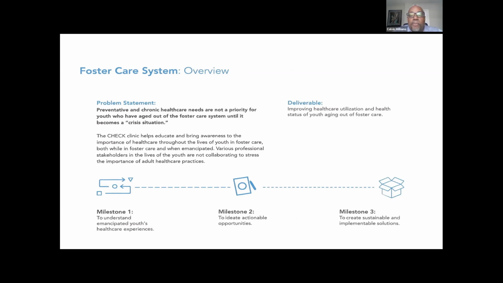And then you see in the upper right-hand corner, the deliverable is improving healthcare utilization and health status of youth aging out of foster care. So it's a really clear statement about what our end deliverable is.